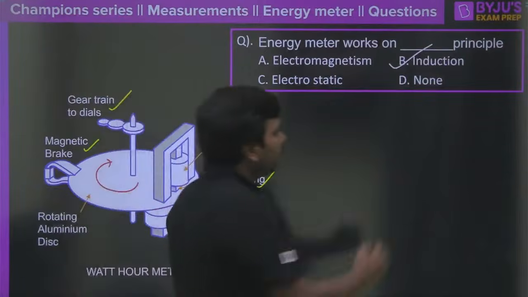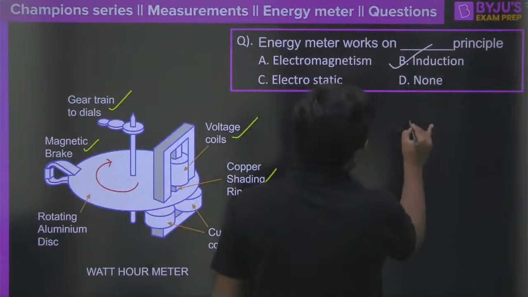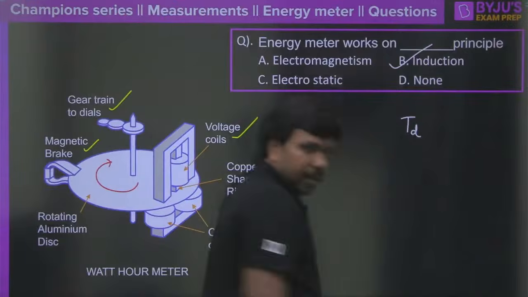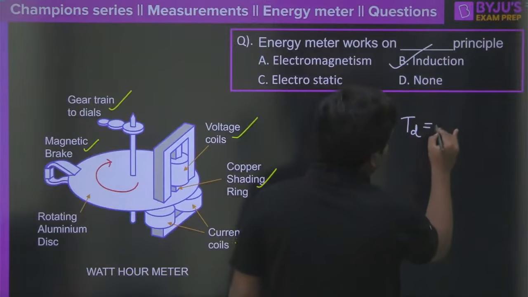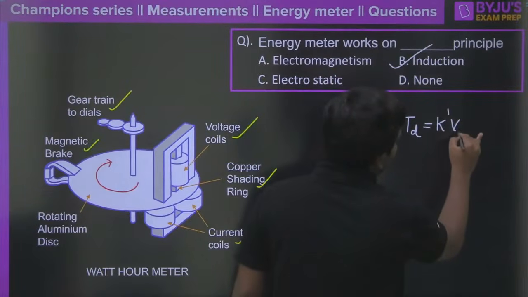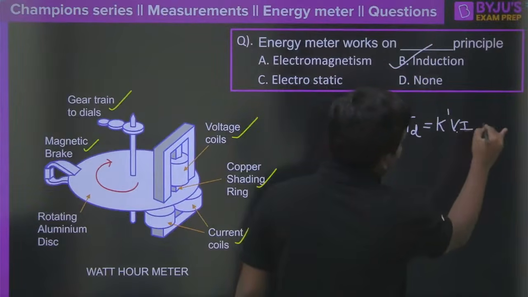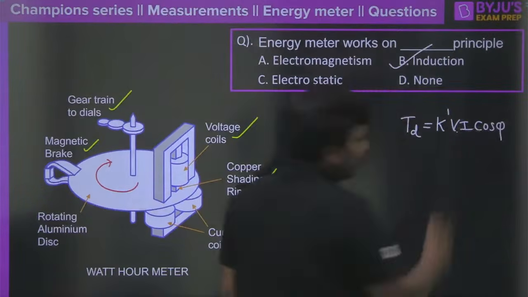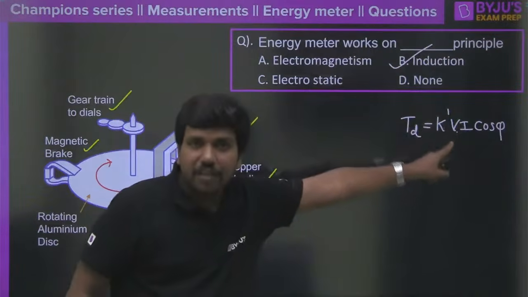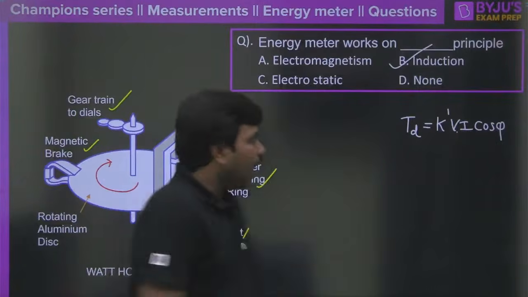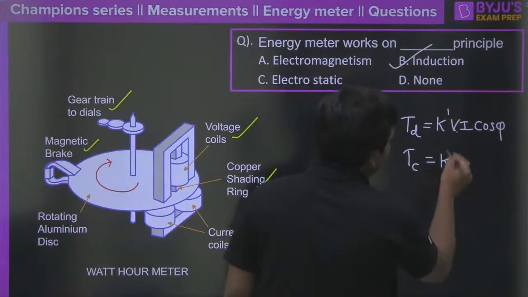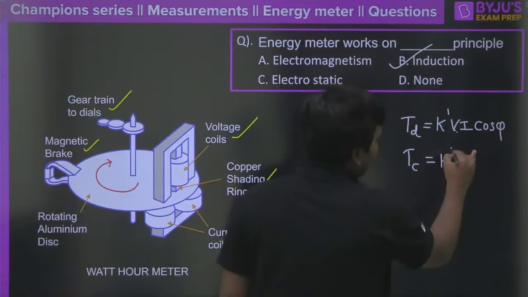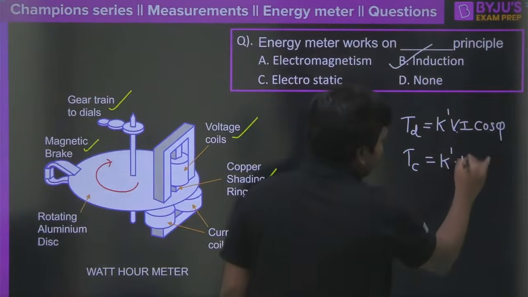Now the crazy part here is, we all know that the deflecting torque TD will be directly proportional to, or equal to, some constant into V RMS into I RMS into cos phi, where V is the RMS voltage, I is the RMS current, and cos phi. And similarly the controlling torque is purely related to some constant, I should say K dash into N. Clear?